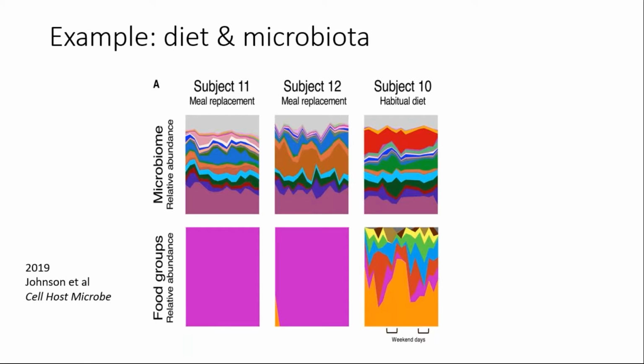And so this is the food intake on the bottom. And you can see this other individual just was eating whatever they wanted to eat, okay? What you notice is even though they had a very monotonous diet, subjects 11 and 12, their microbiomes shifted a lot, even with this dietary monotony.